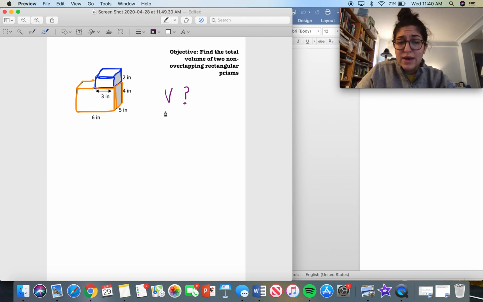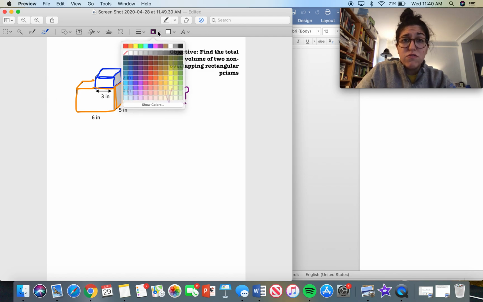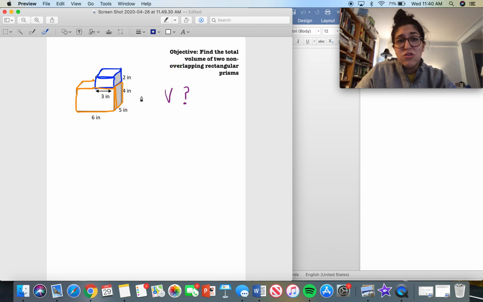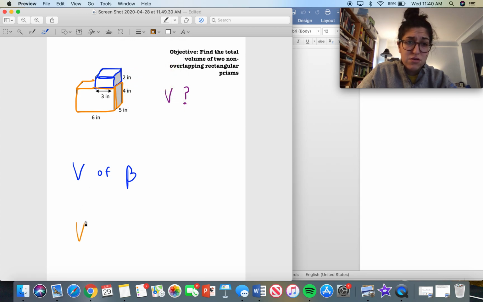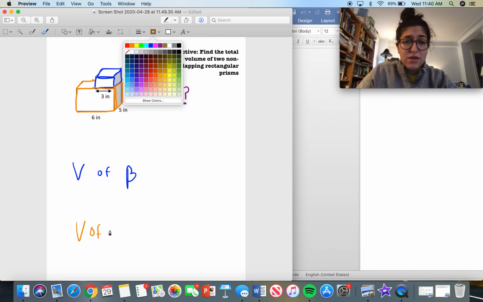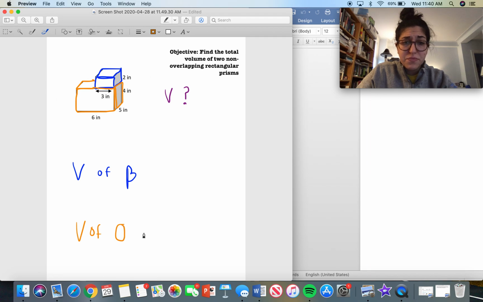And in order to do that, we are going to start by separating out the two rectangles. We're going to look for the volume of the blue rectangle and we're going to look for the volume of the orange rectangle. And volume, as I hope you remember, is length times width times height.